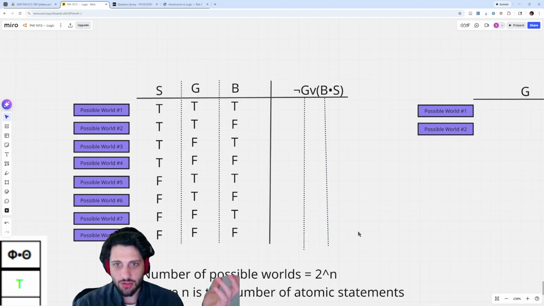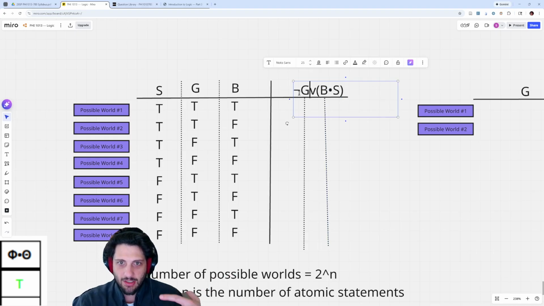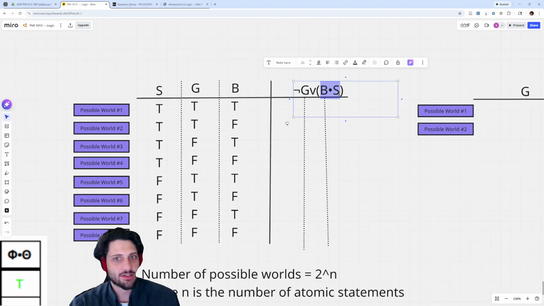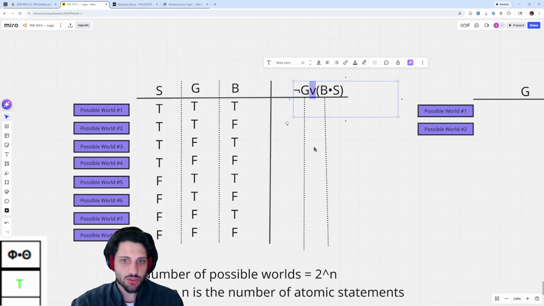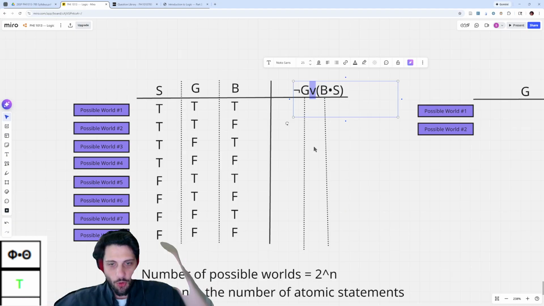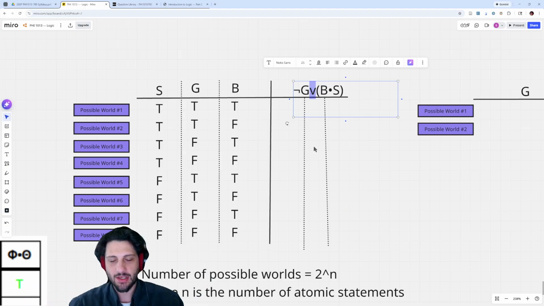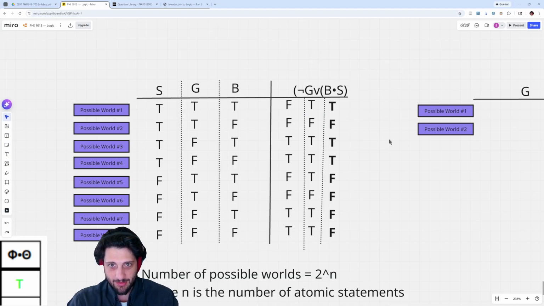When we change the structure of the statement, I still have to do my not G first, but I can't do my or next. I would have to do my B and S first, and then I could do the disjunction last. So the main operator would change, and so would the order in which you do these things, and then the answer as a whole would be different. That should make sense. It's just a very different statement than what we were working on.